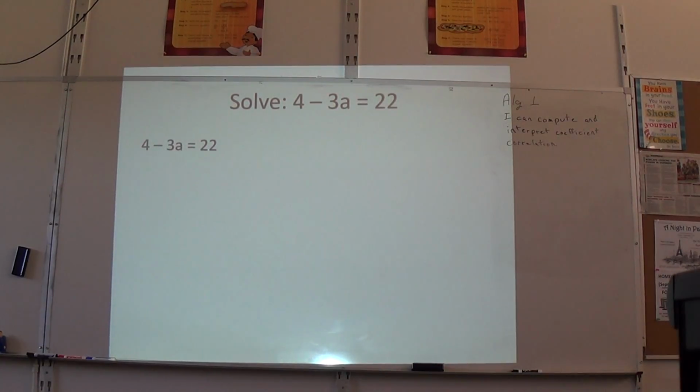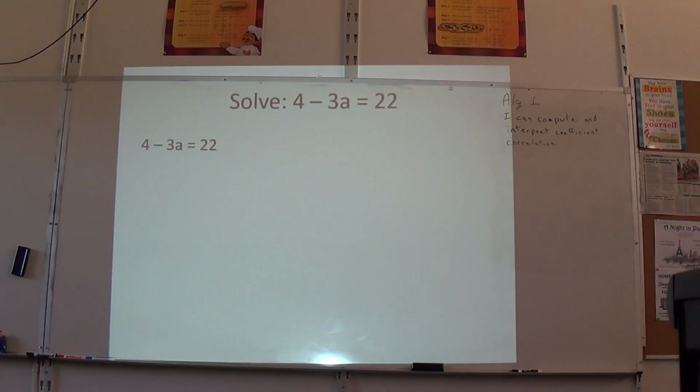Okay, 4 minus 3a equals 22. First up, Madeline. How do you know if subtraction or addition? The opposite, so it's subtract.